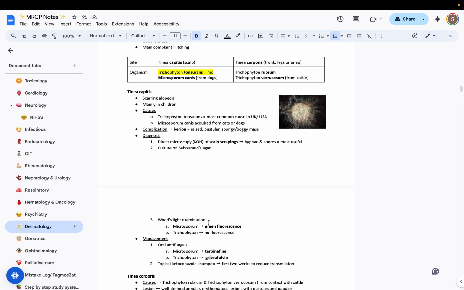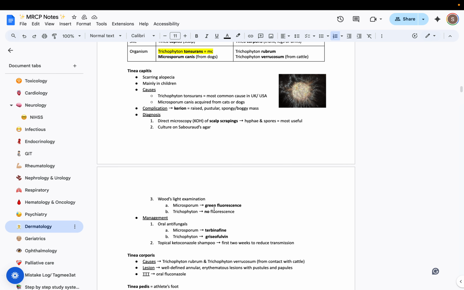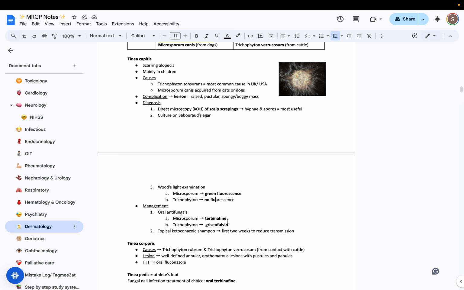And green fluorescence would make you think about griseofulvin, but no. Everything is mixed up. It would have been amazing if it was Trichophyton, terbinafine. Let's not confuse ourselves. Microsporum, green, terbinafine; Trichophyton, no fluorescence, griseofulvin. So it's sneaky.